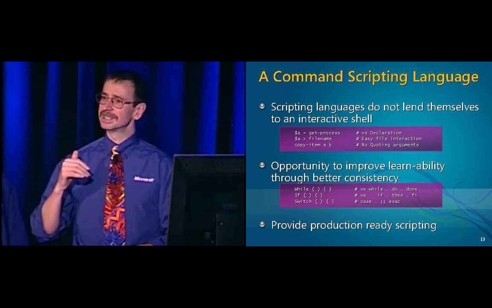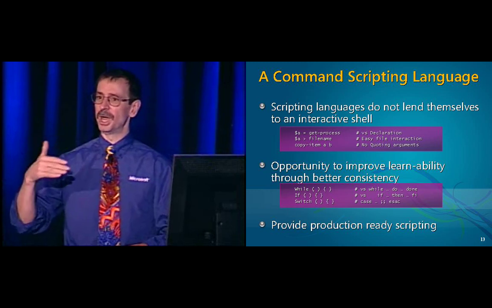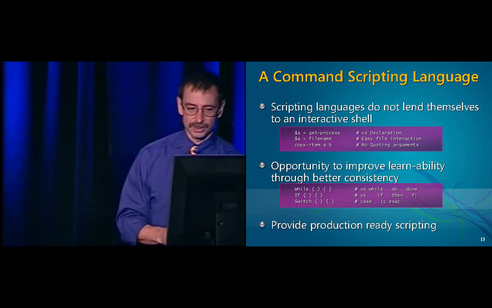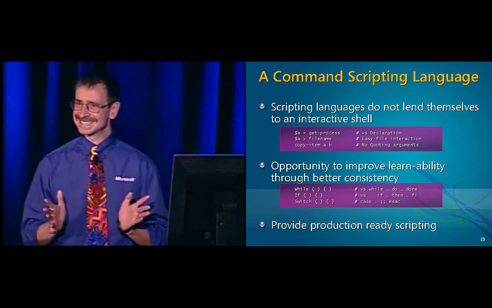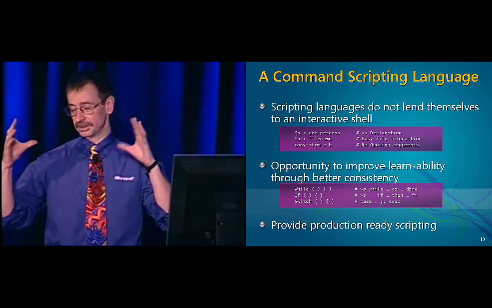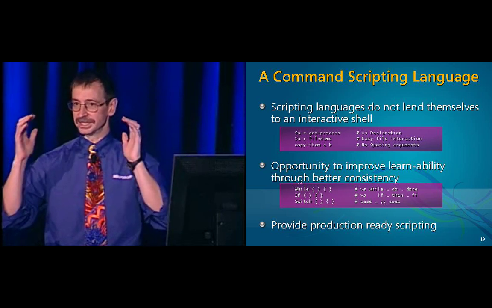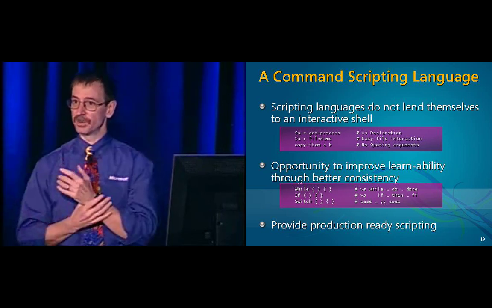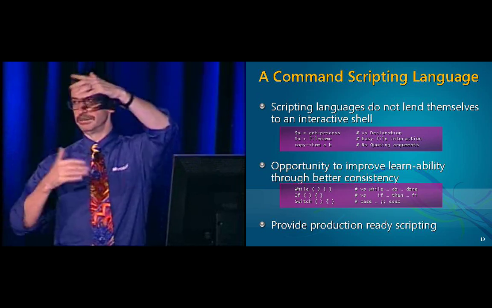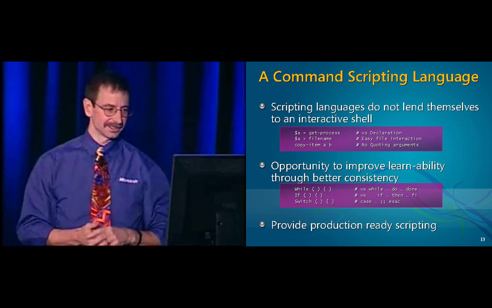So too, we felt that there was a great opportunity to learn and to be better and more consistent. So notice here, we've got a consistent syntax, with the traditional brackets, parentheses and squiggle brackets as opposed to while and when and do and done and such like that.